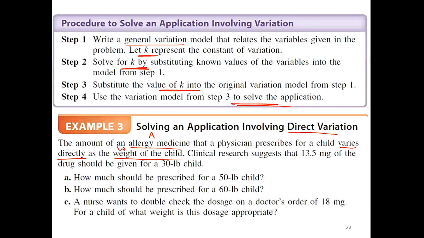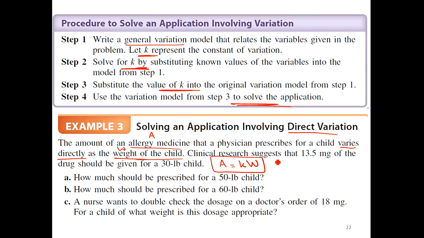Between them the relation varies directly, like this: A equals K W. Okay. Now this is the formula, but we need to find K. How can we find K?